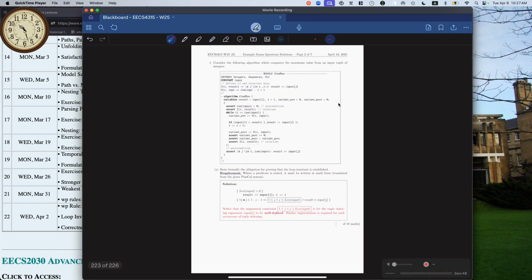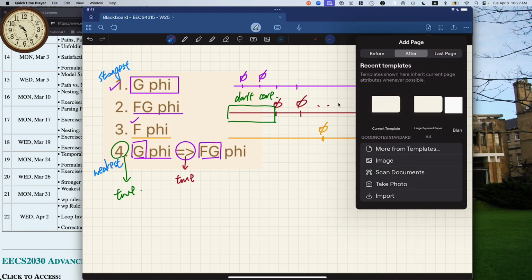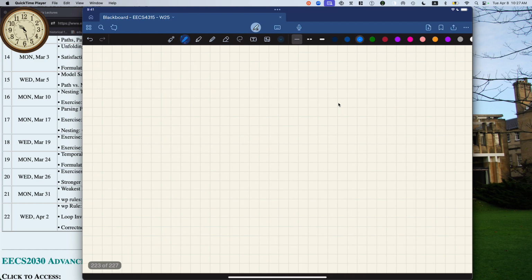Something like this: let's say you have future, and then phi 1 until phi 2. So you definitely want to get down to the basics about understanding this nesting. I presume that's one of the examples of what you meant.